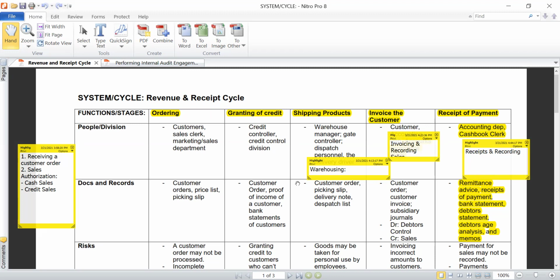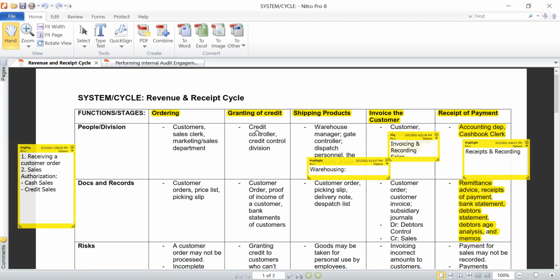But in that process of selling the product or providing a service, what are those essential steps that they would follow to recognize revenue in their records? That's where the revenue and receipt cycle becomes handy. Why? Because we need to be able to have proper accountability of how we are generating revenue as a business. So for us to do that, we need to have an understanding of the revenue and receipt cycle.